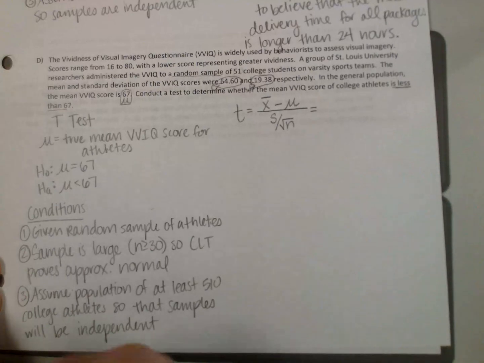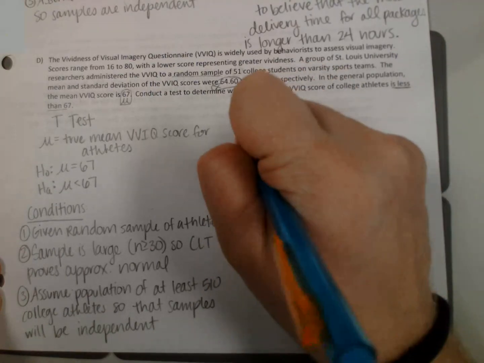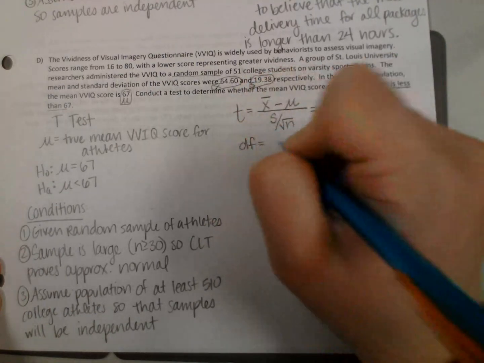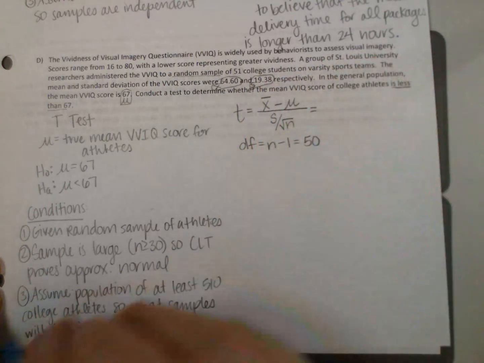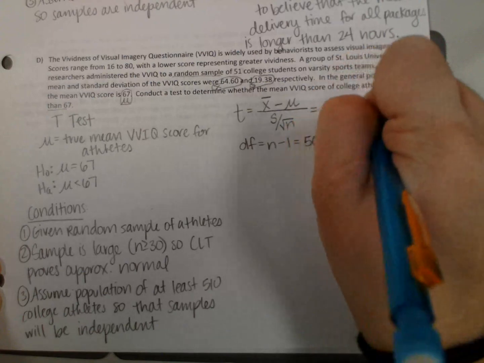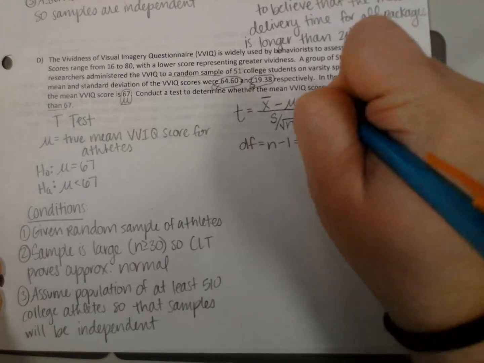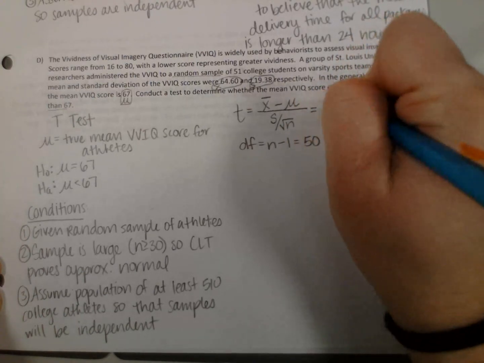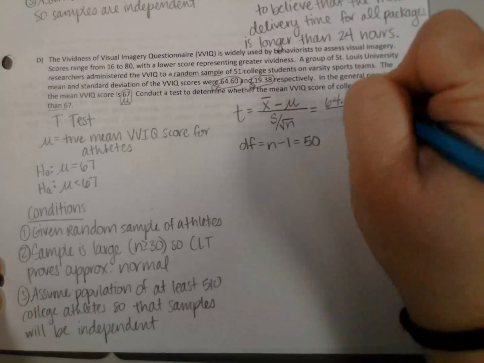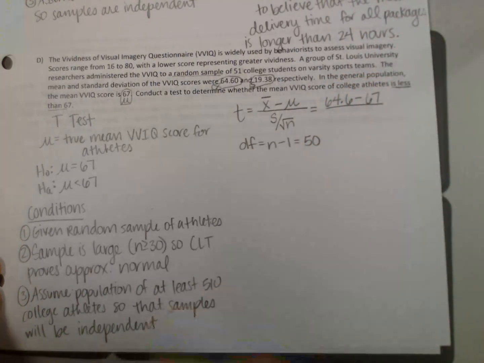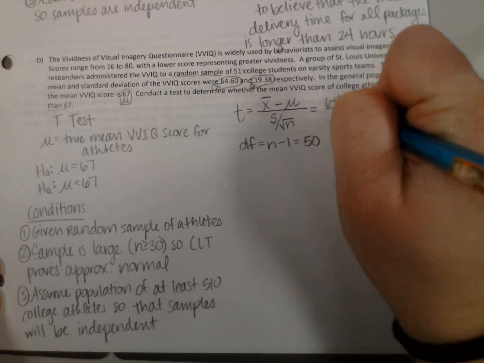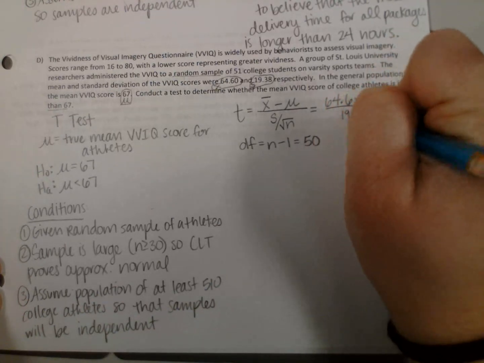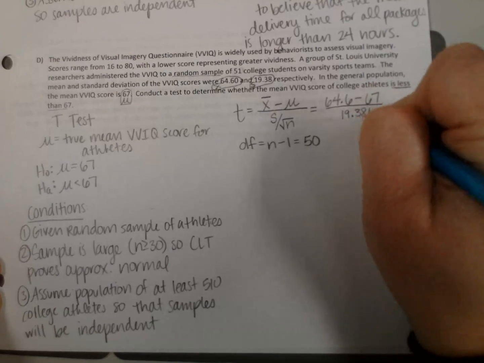Because we're working with t-scores, we're also going to need degrees of freedom, still n minus 1, so in this case it's 50. I'll fill in my t-score here: 64.6 minus our assumed mean of 67, divided by 19.38 over the square root of 51.